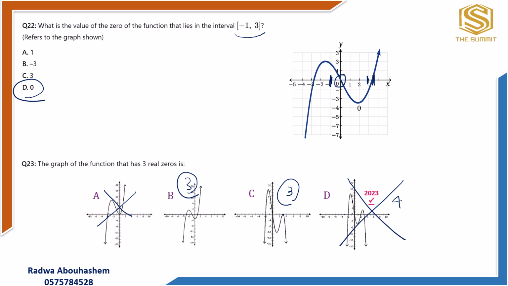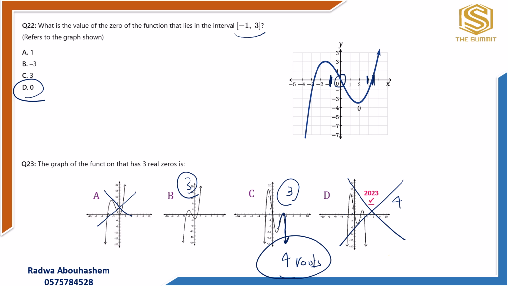But what about B and C? Okay, as I discussed with you, we have something called the multiplicity of roots. If you have a multiplicity, this means that your curve does not cross the x-axis, it returns back. As you see here, it returned back. So this means that you have 4 roots, not 3.